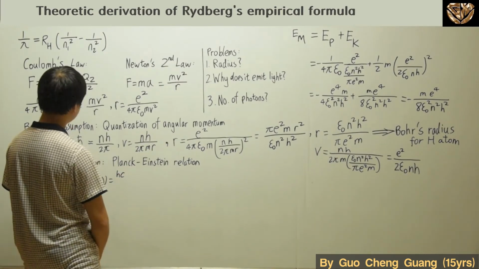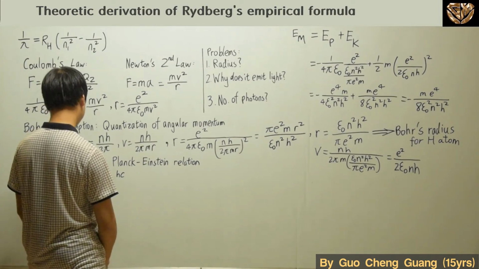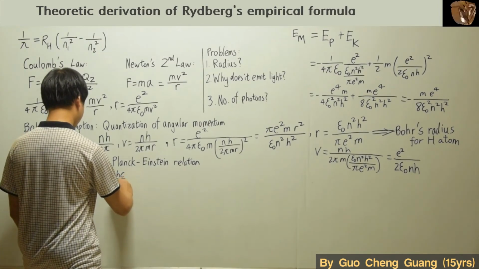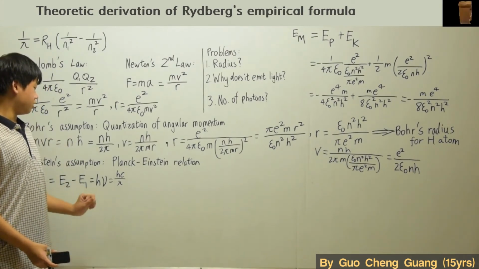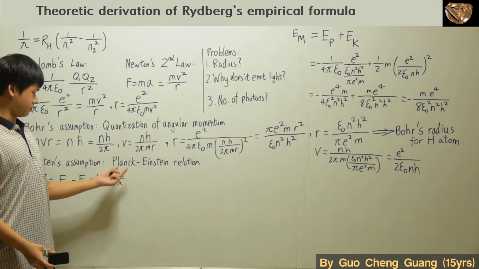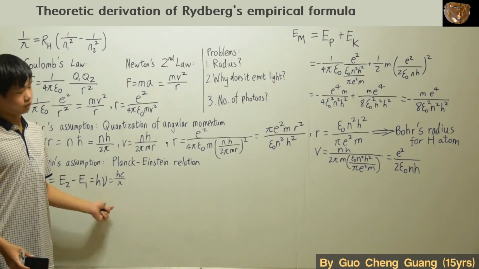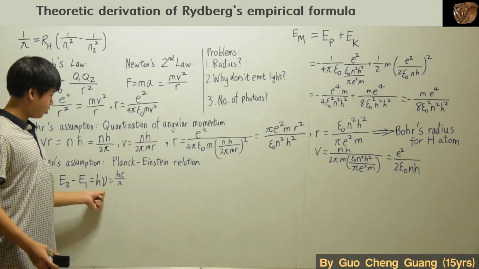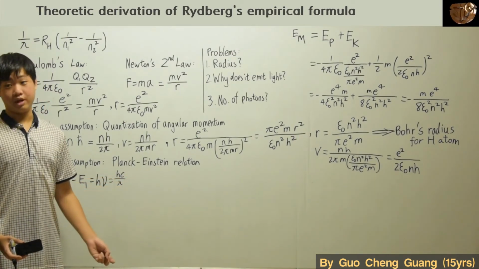So what do you think this part would be? Over lambda. Alright? So this is what you're going to see over here. Now if you're wondering why would this be c over lambda, you can think about it. Since nu is actually a frequency, which is why you can also write it as f. c is your speed of light. Lambda would be your wavelength.